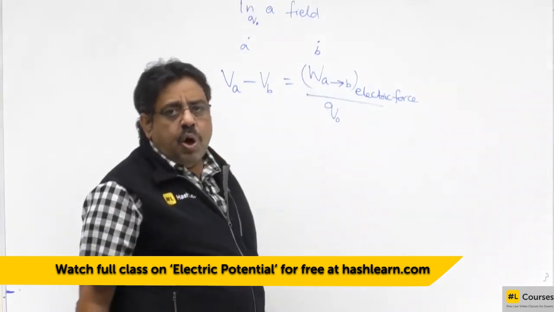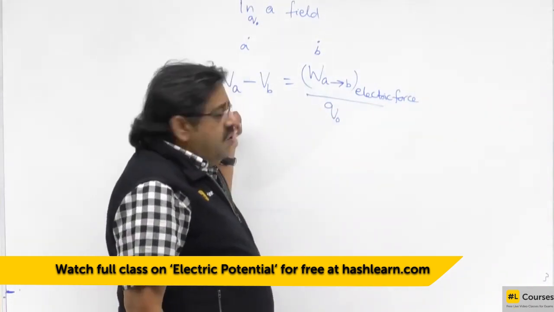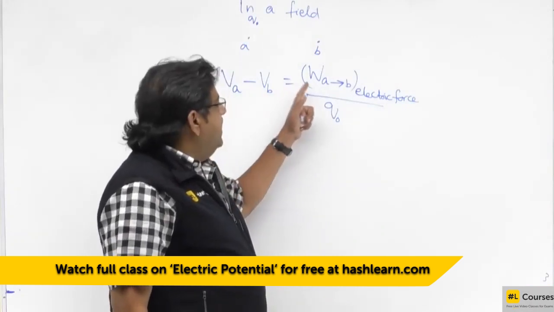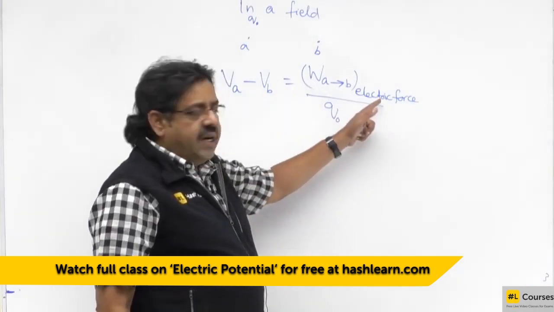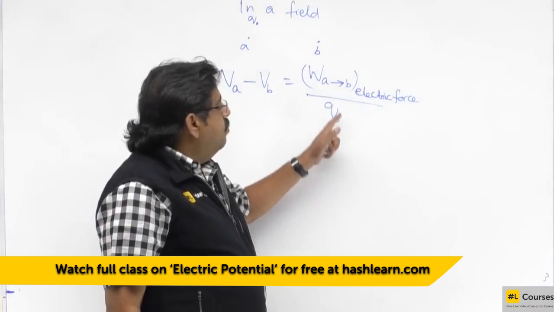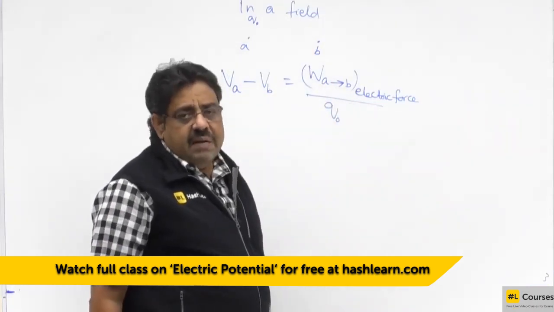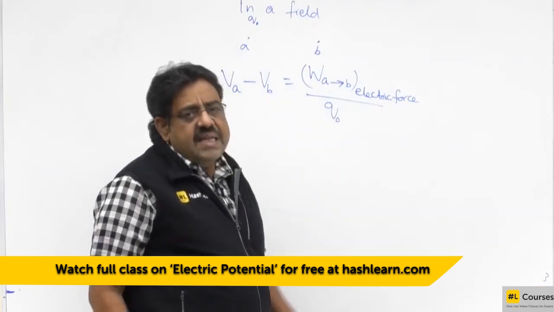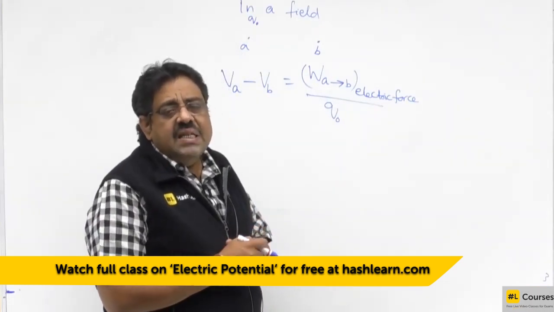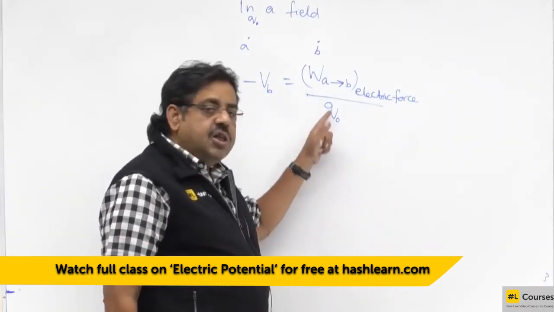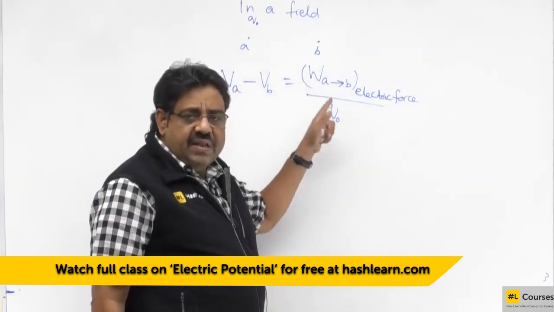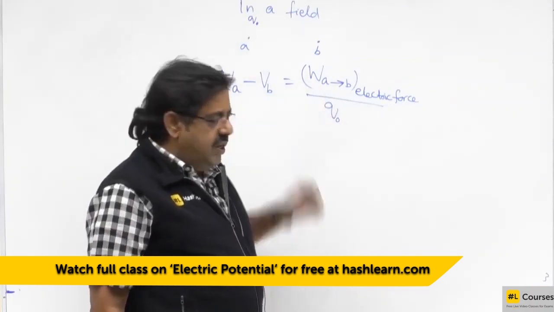Potential difference between 2 points is always given by this. VA minus VB is equal to work done by electric force in moving a charge Q naught from A to B. This is the formula. Remember, Q naught has to be substituted with sign. If it is a positive charge, put a plus value here. If it is a negative charge, put a negative value here.